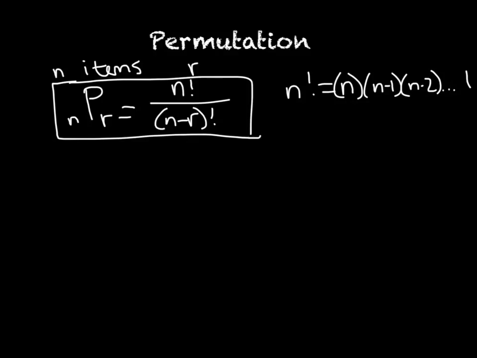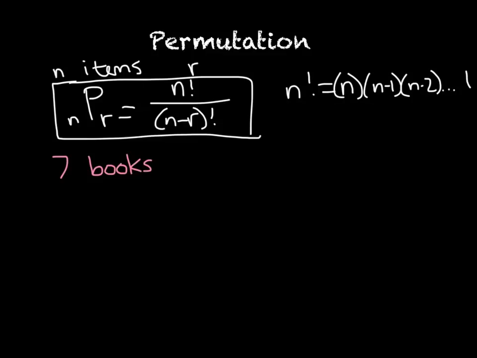Recall from our example in the previous lesson where Alice had 7 books and she was trying to choose what order in which to read them. This is an example of a permutation because it matters what order she reads the books in.